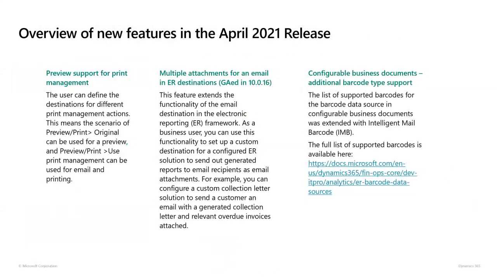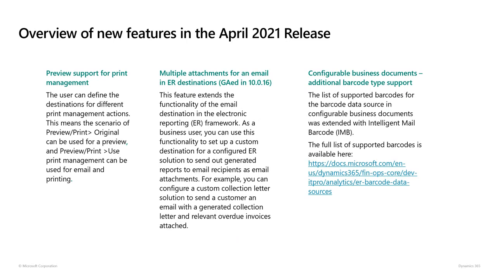Now let's have a quick overview of the new features released in the April 2021 release. First of all, this is preview support for print management. Basically, a user can now define a destination for different print management actions. Before that, all the print management actions like preview or print were using the same destinations.